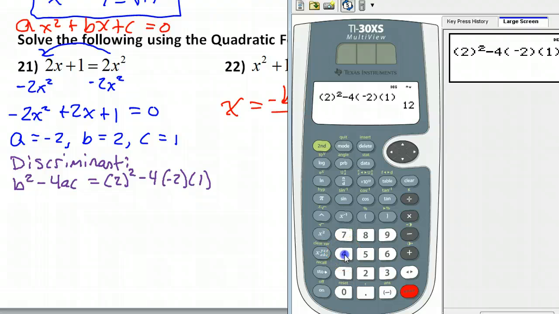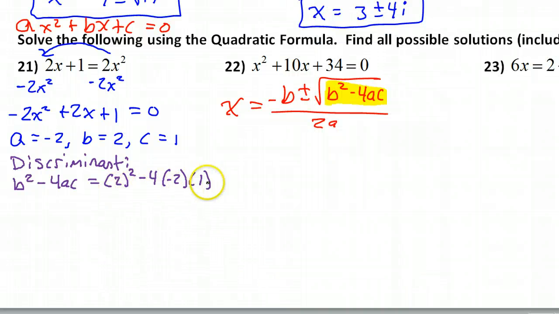But I recommend you just square this in your head. It should always be positive: b squared minus 4 times a times c. Obviously you get 12 either way. So the discriminant is 12. Always calculate that separately, please.